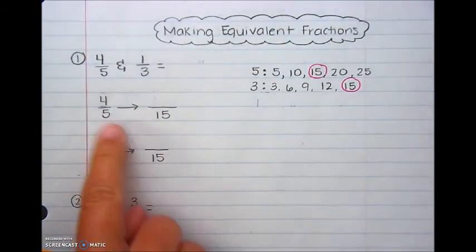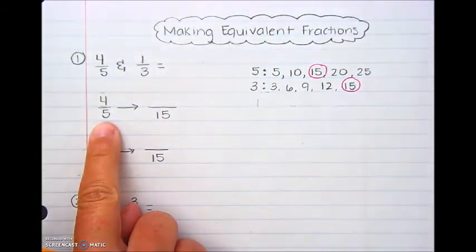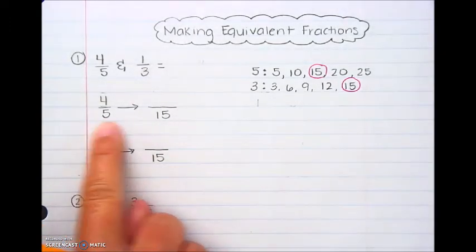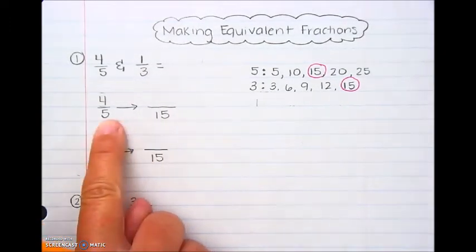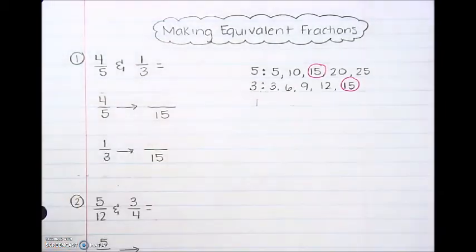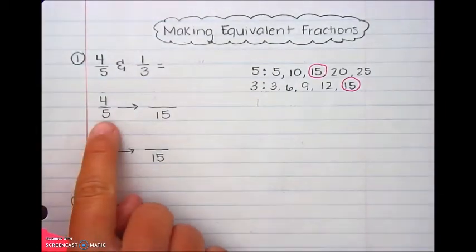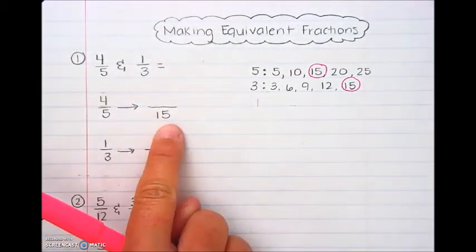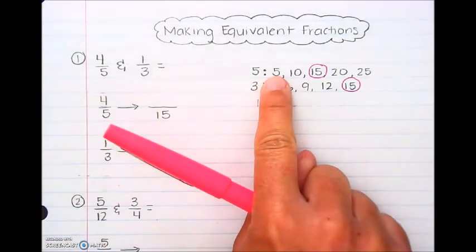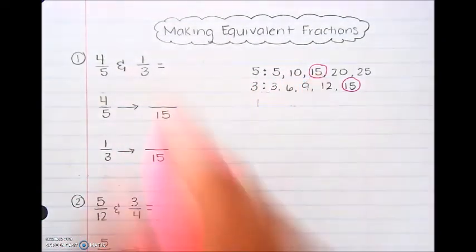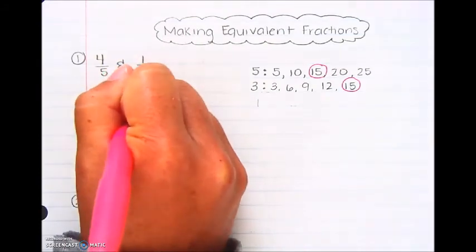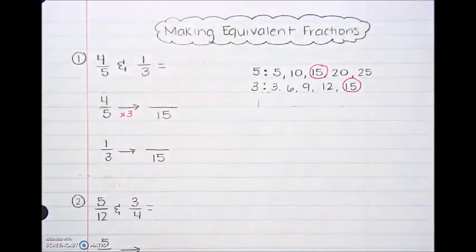Now when I change 4/5 into an equivalent fraction, I need to figure out this denominator relationship. Since I'm using multiplication, I need to think, 5 times what is 15? I can also check my list here to see that it was the third multiple. That means I multiplied 5 times 3 to get 15.